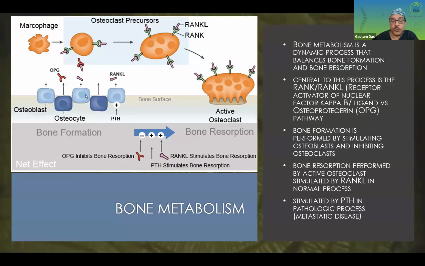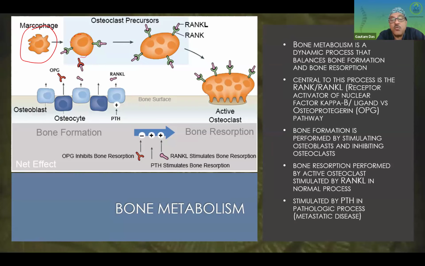Now this pathway is important. These are two schematic diagrams I have taken from a website, and I have mentioned the site's name. So how is a macrophage converted into an osteoclast? When macrophages mature, there are RANK receptors on the surface.